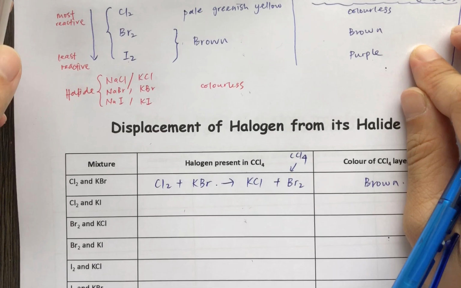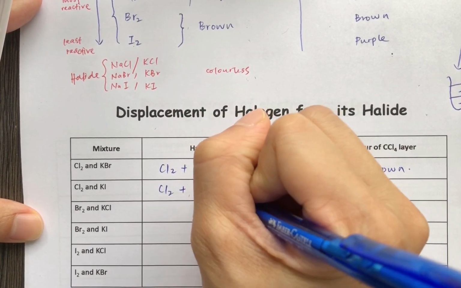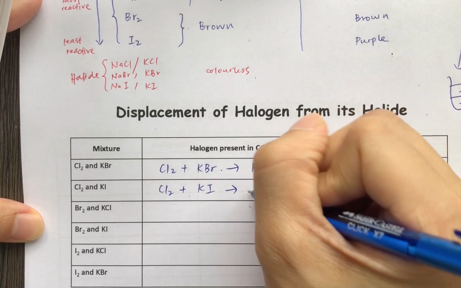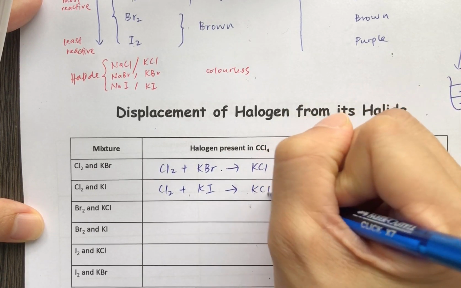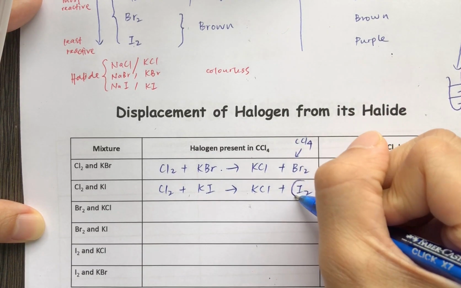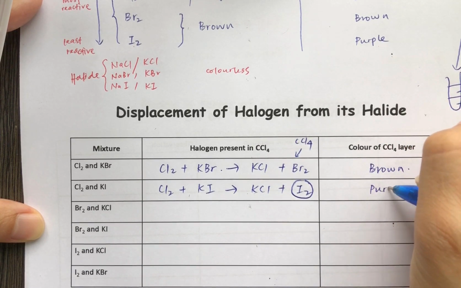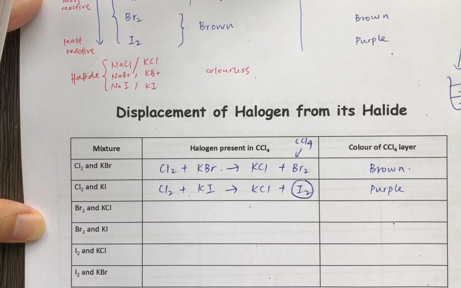Next, chlorine reacting with potassium iodide. I'm supposed to get KCl and iodine. Since the halogen I get is iodine, in tetrachloromethane it's going to show purple color. Oh, I didn't balance the equation.